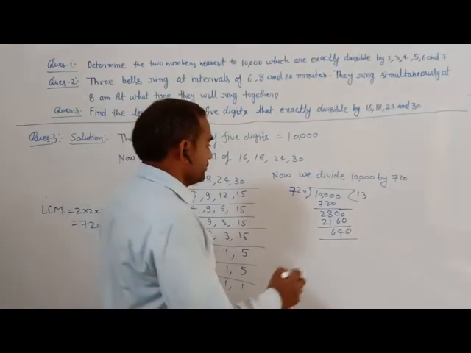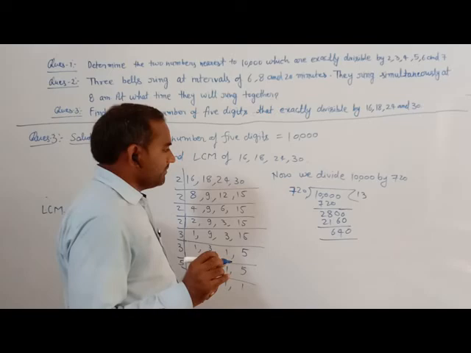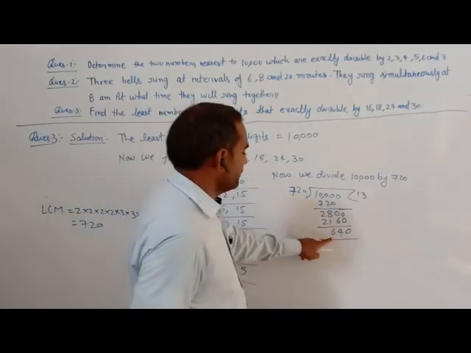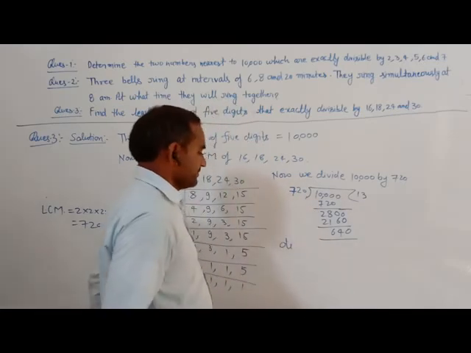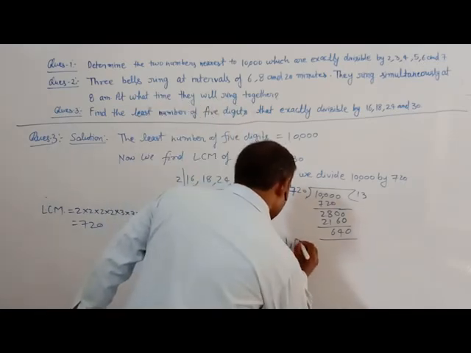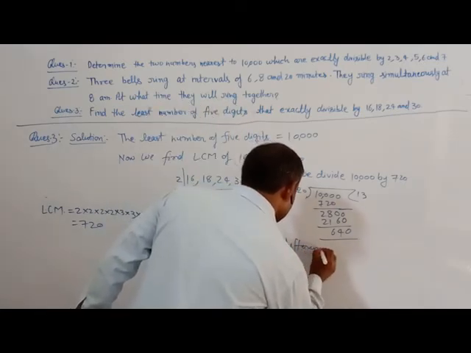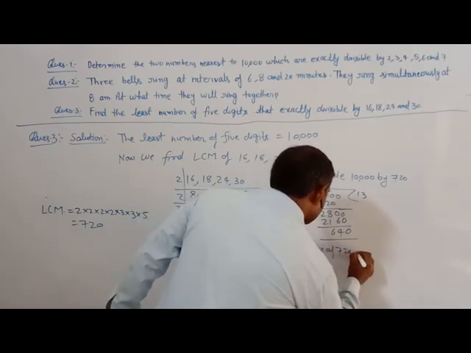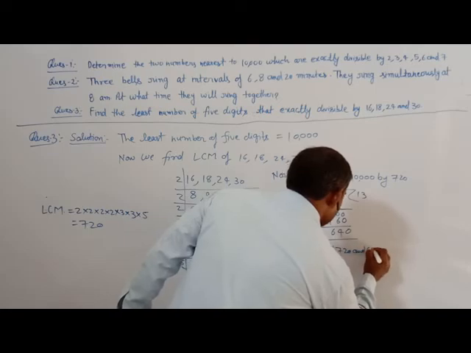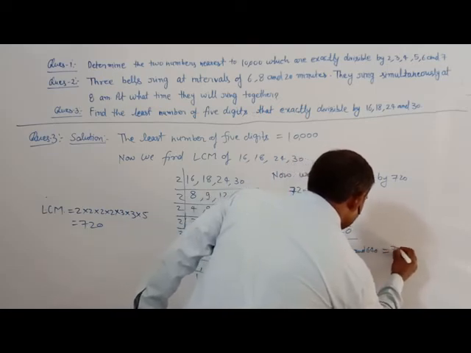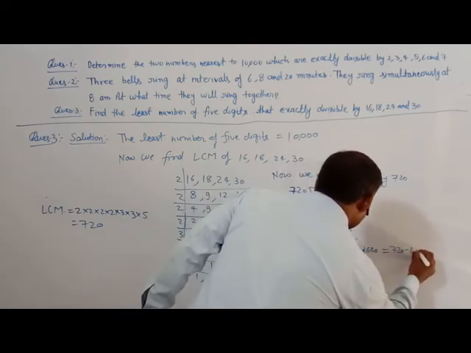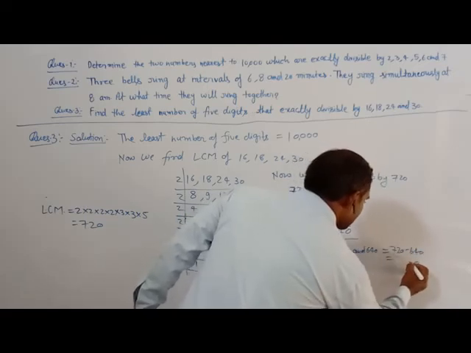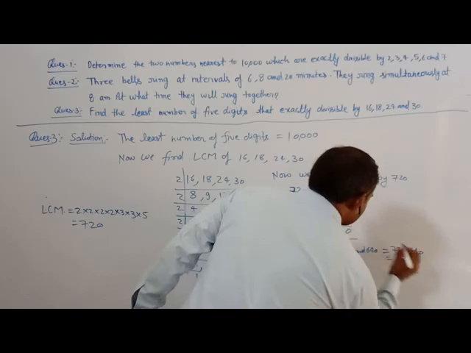So first of all, find the difference of 720 and 640. The difference of 720 and 640 is equal to 720 minus 640, which is 80.